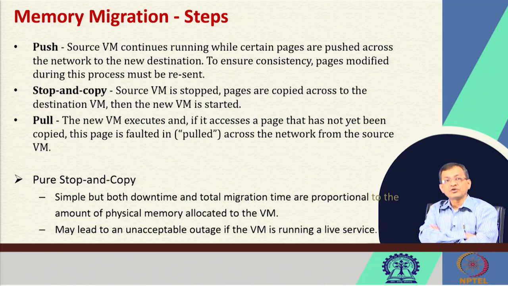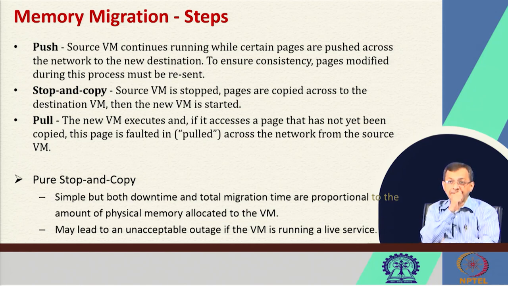Pure stop and copy is simple, but both downtime and total migration time are proportional to the amount of physical memory allocated to the VM. So, pure stop and copy means you just stop, copy and then resume. The migration time depends on the amount of physical memory allocated to the VM. It may lead to an unacceptable outage if the VM is running live services, right.